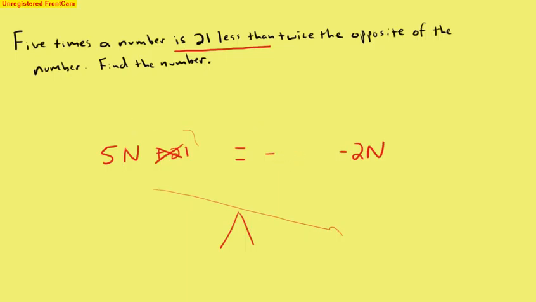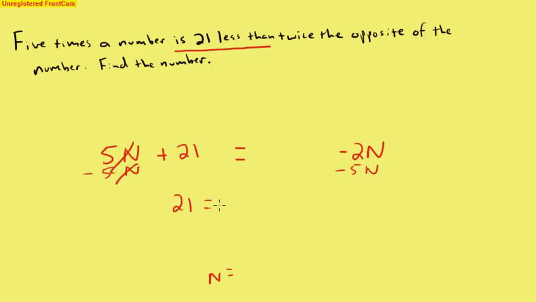Both would be fine. Let's add 21 over here and work to get n by itself. Minus 5n, minus 5n: 21 equals negative 7n. Divide by negative 7, and n equals negative 3.